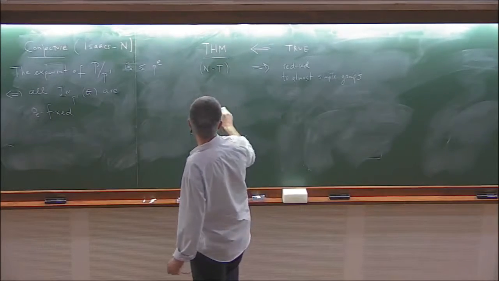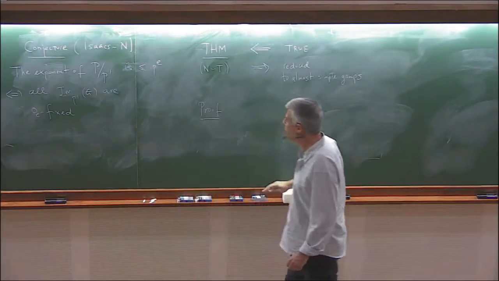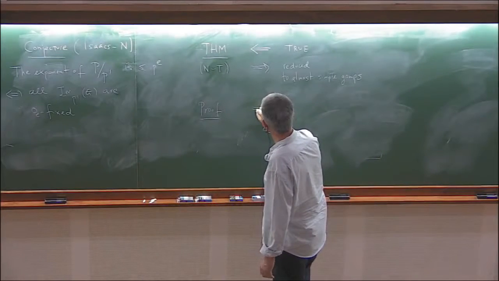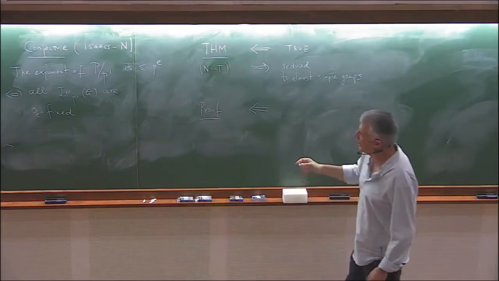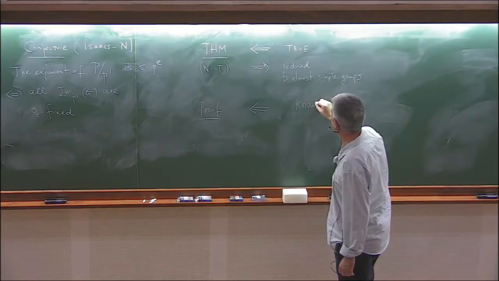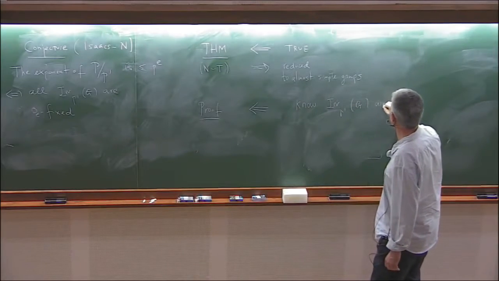So I'm trying to prove, in just a very rough sketch, how do you prove that? We know that the characters are sigma fixed.